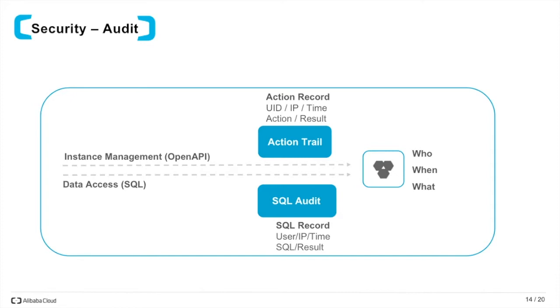I want to also tell you that the secure audit consumes low performance of the instance, under 4% of CPU usage. It also doesn't affect your normal application requests, I think, which is good.